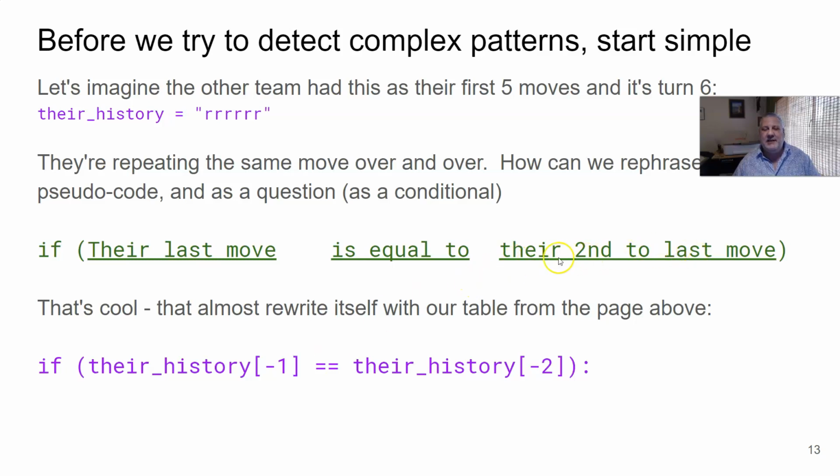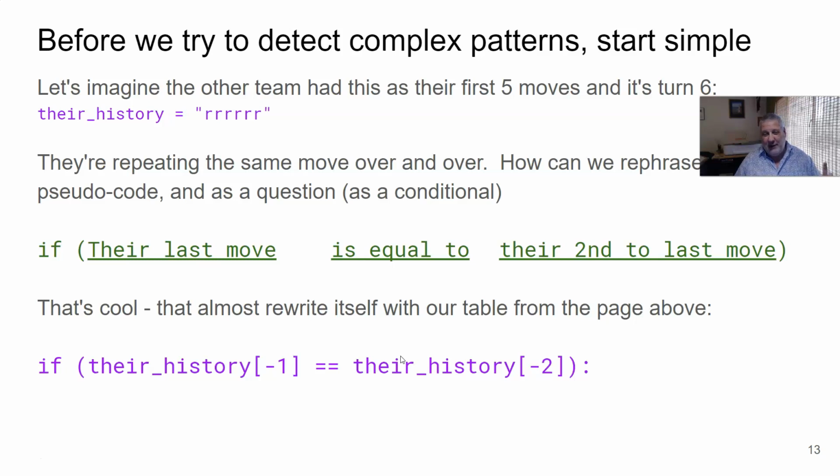Their second to last move is their_history[-2]. So I can detect if their last 2 moves are identical if I say: if their_history[-1] == their_history[-2]. These 2 lines almost read the same once you're used to looking at Python.